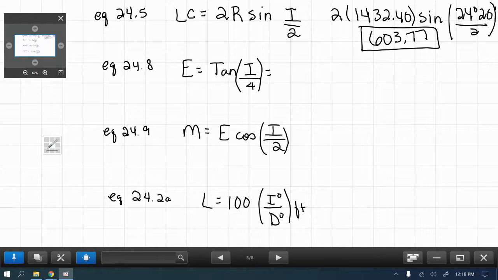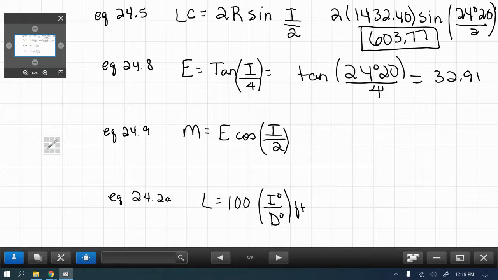All right, E is tangent 24 degrees 20 minutes divided by 4. All right, yep, that's it. So you should get 3291.